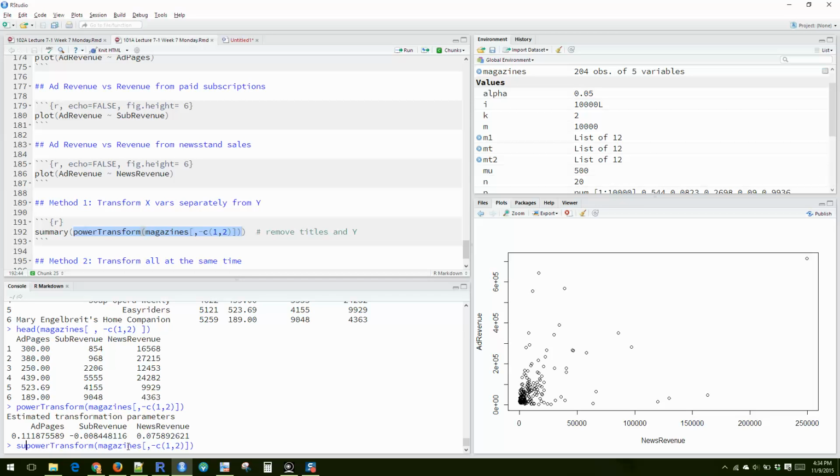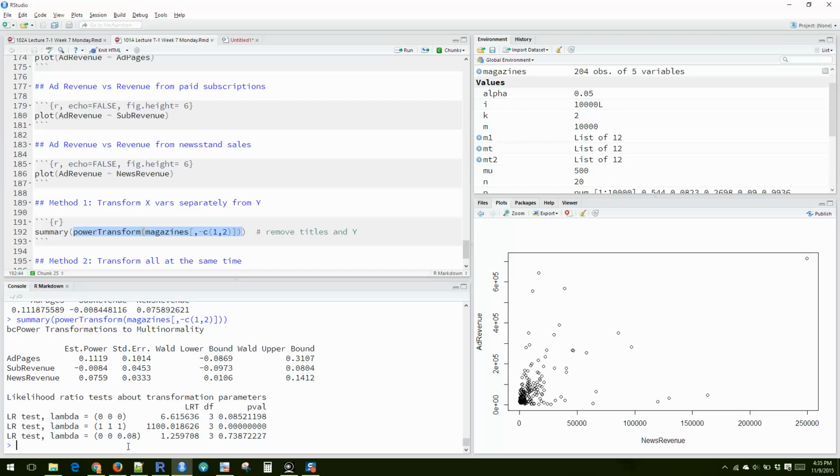And so often it's more helpful to us if we use the summary function in conjunction with power transform. It just spits out a whole bunch of information, and it says kind of like, we're thinking you should use these numbers here.